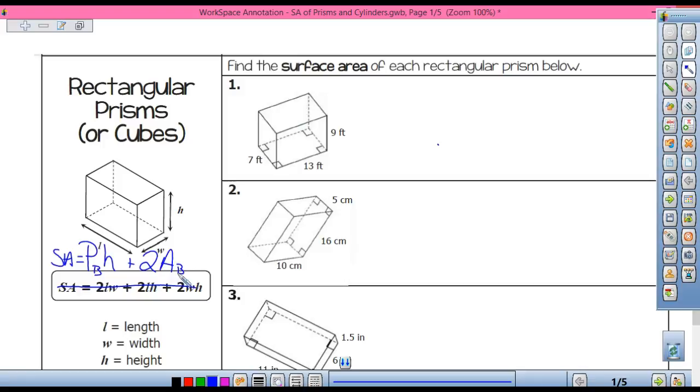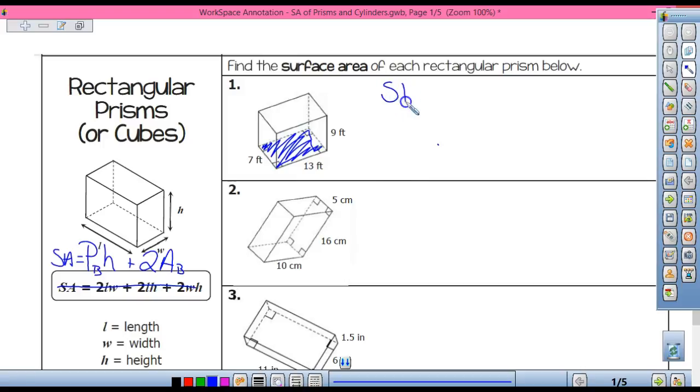Because how many bases are there? 2. Now, a couple things to remember. Your bases are parallel to each other. Your height is the distance between the two parallel bases. So, if we look at this one, let's make our bases the top and the bottom. My dimensions of the bottom are 7 by 13, right?